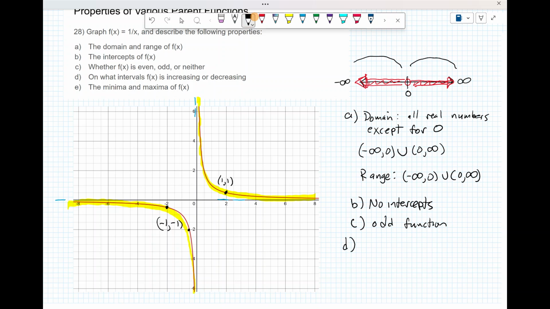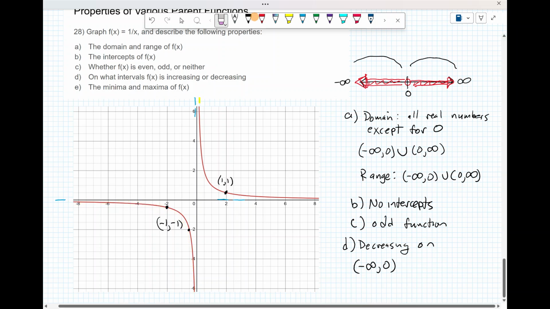Now, to express this, you have to be a little careful, because what are the intervals on which it's decreasing? Well, the left-hand part, that's the interval. So this is decreasing on negative infinity to 0. That's the left-hand part of this graph. And it's also decreasing on the right-hand part of this graph, and that's for the x values in between 0 and infinity.